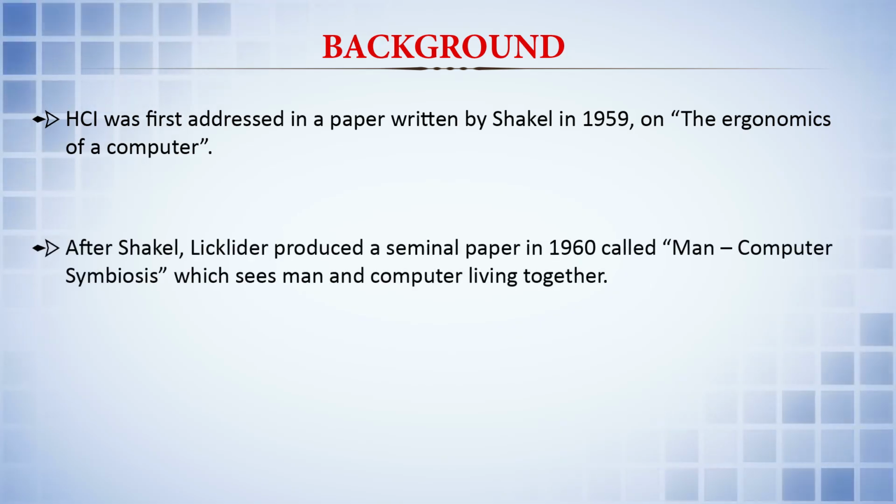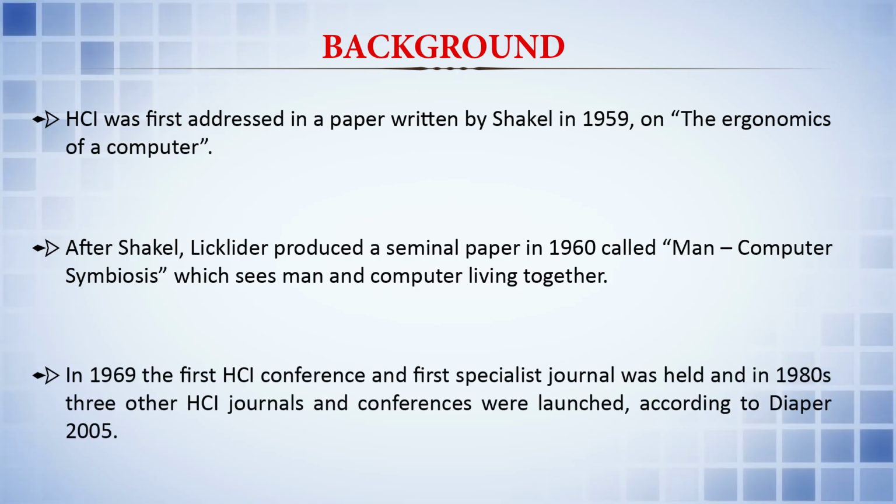After Shackel, Licklider produced a seminal paper in 1960 called Man-Computer Symbiosis, which sees man and computer living together. In 1969 the first HCI conference and first specialist journal were held, and in the 90s three other HCI journals and conferences were launched, according to Dix, who wrote the paper in 2005. So, this was a little background of HCI.